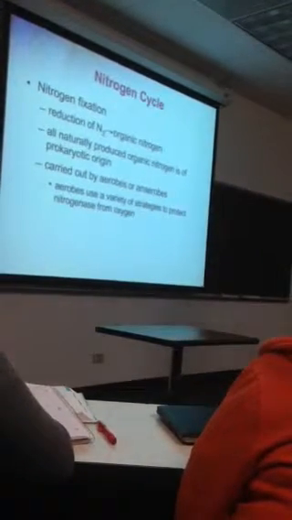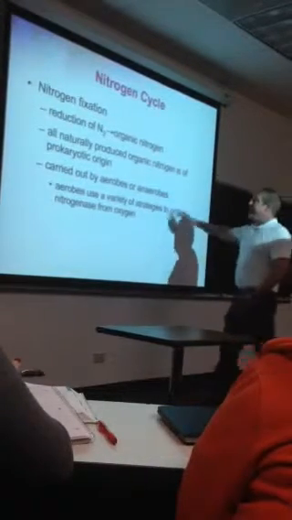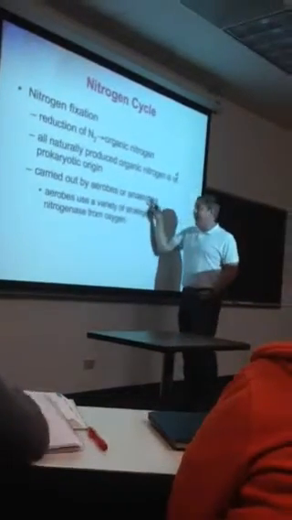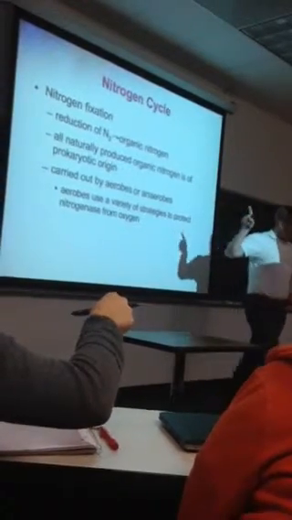It's a very energy intensive process. It is susceptible to oxygen. It is carried out by aerobes and anaerobes, but nitrogenase is susceptible and is rendered inactive in the presence of oxygen.